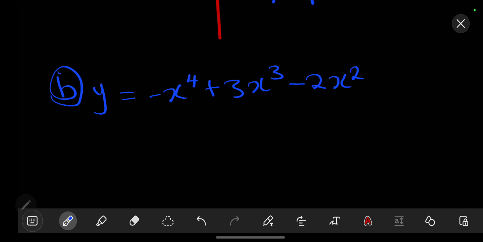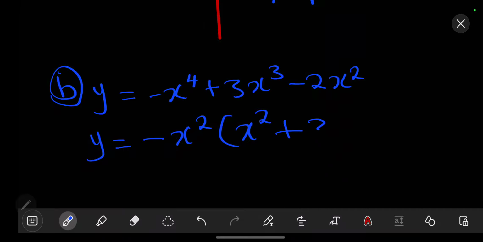Let's try out this one as well. So if we have an equation that is looking like this, the first thing is that we have our x throughout, so we can factorize it by saying y should be equal to, let's remove our negative x, so the lowest power is 2, so we are going to say power 2. Then negative x, if we remove there, it will be positive, so we are going to remain with 2 of them.